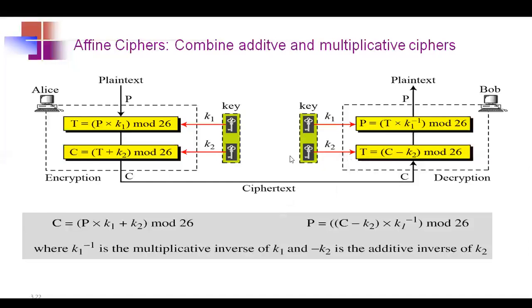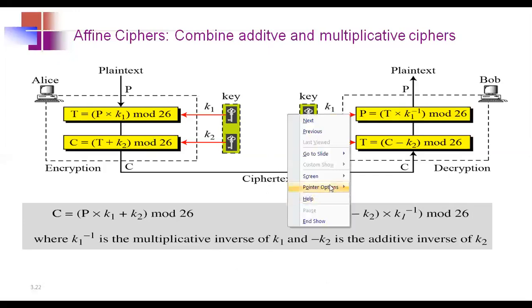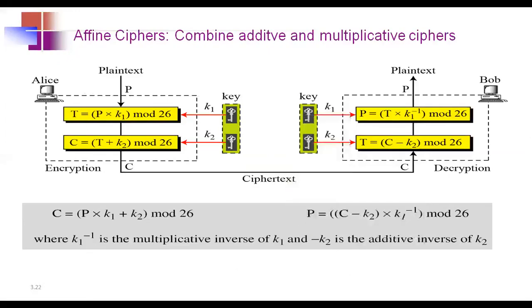So what we have done in the combined additive and multiplicative ciphers, that is the affine cipher: first, the plain text characters are multiplied with some key value, and then the result is added with some key value.